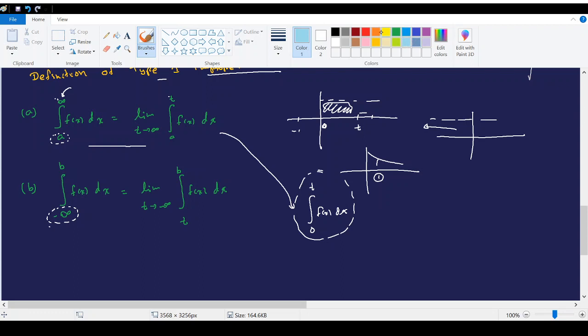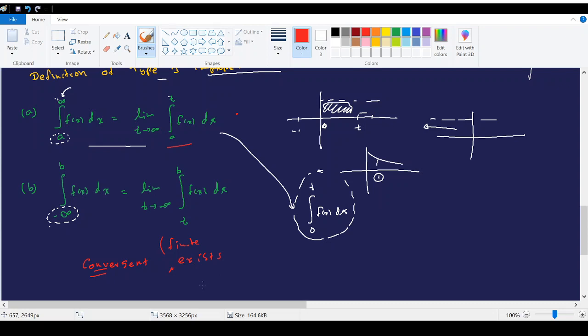It's kind of obvious by the name itself. We say convergent if this limit exists, in the sense that it exists finitely. In other words, if this limit is finite, we say that the improper integral is convergent.